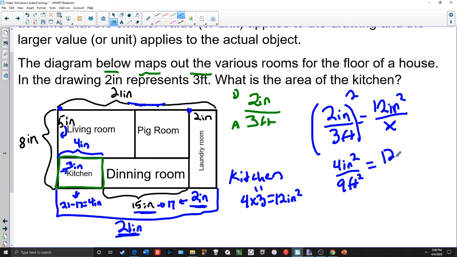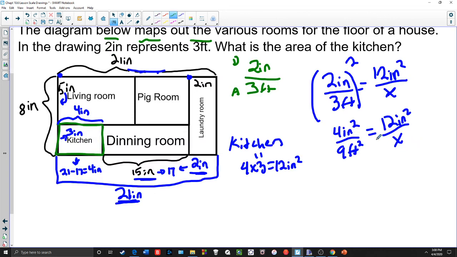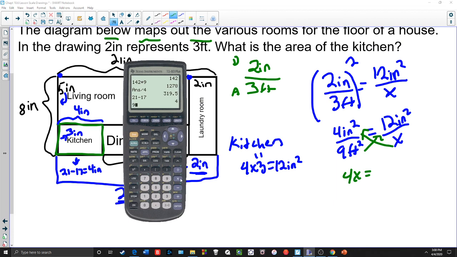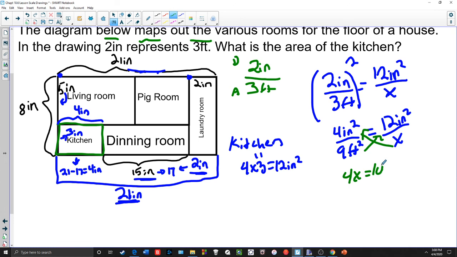I want my x number, which is the actual area of the kitchen, to be in square feet because that's how I'm measuring my actual kitchen or my actual home, in square footage. And then now we go through our tried and true method of cross multiplying our lovely friends here. So this would be 4x. I don't recommend cross multiplying your actual friends, otherwise they might not be your friends anymore. 9 times 12, unless they like math, is 108.